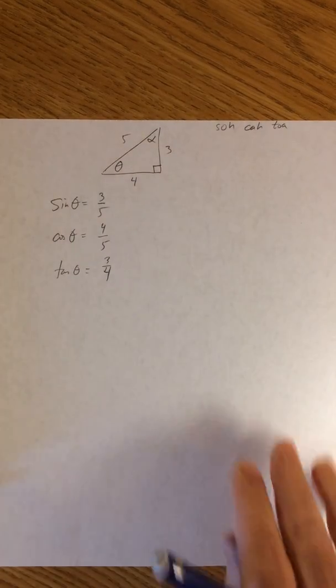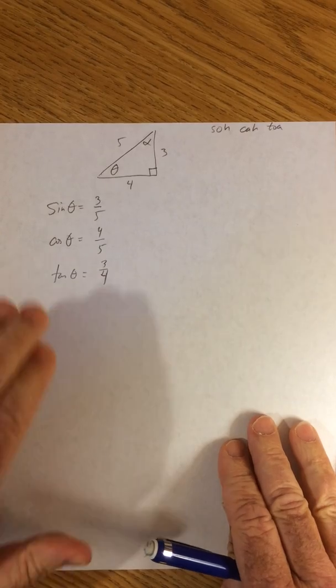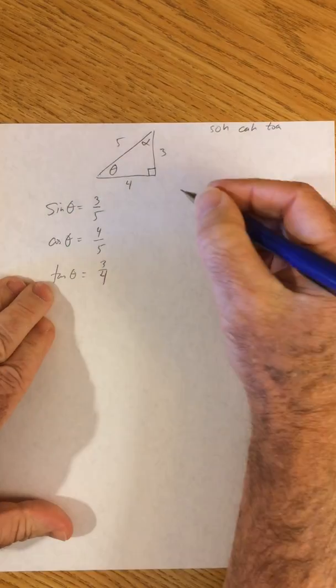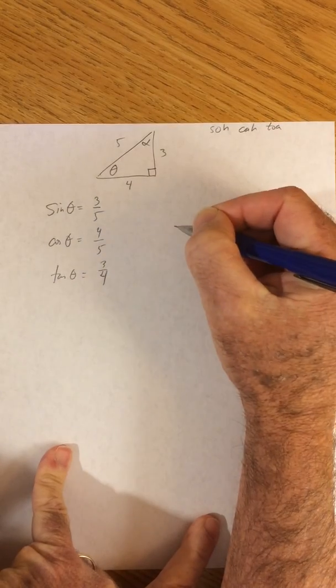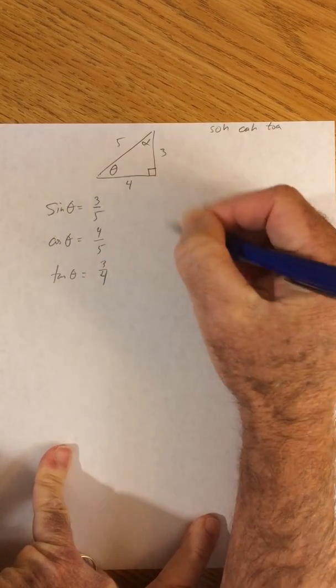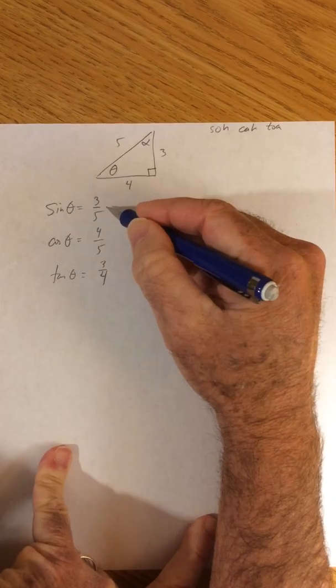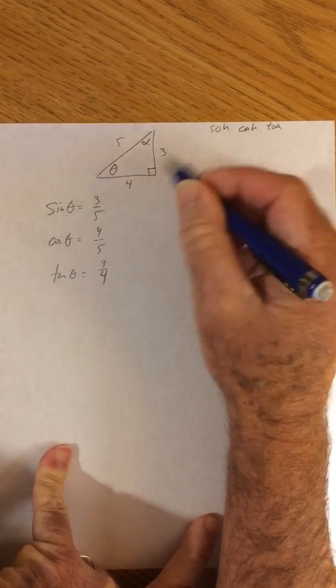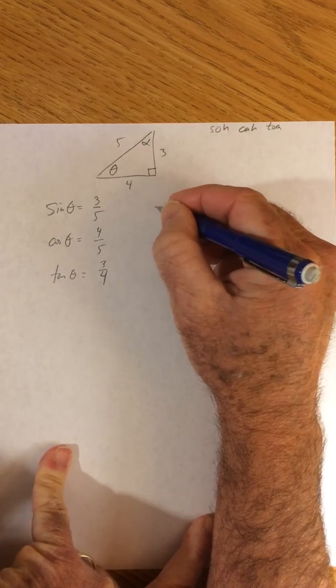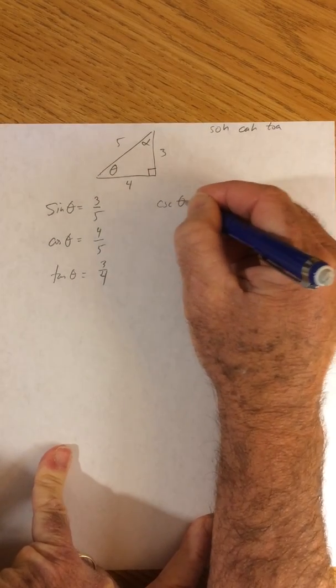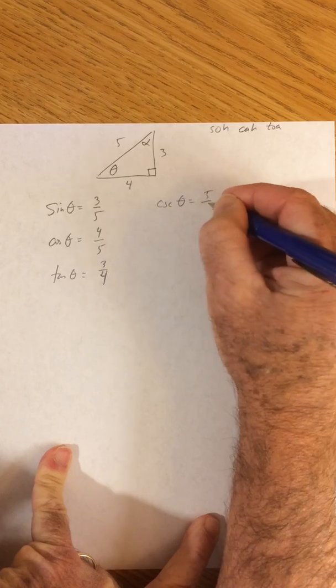Okay, I'm going to move the book and go back to our example. Now, for your homework tonight, there are going to be examples like this where you're going to be asked to find all 6 trigonometric functions. All you have to do is list the 3 from SOHCAHTOA, and then right next to them, write this. Cosecant of theta is nothing more than the reciprocal.